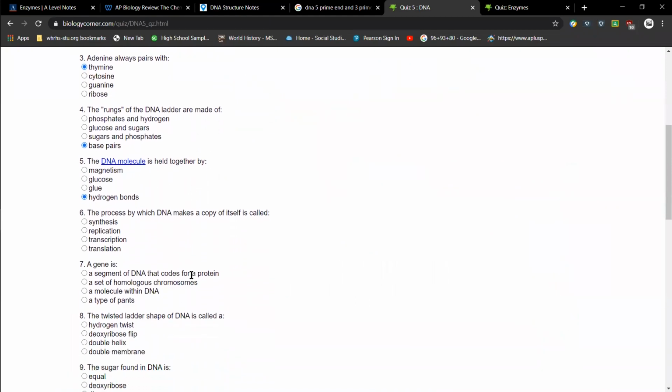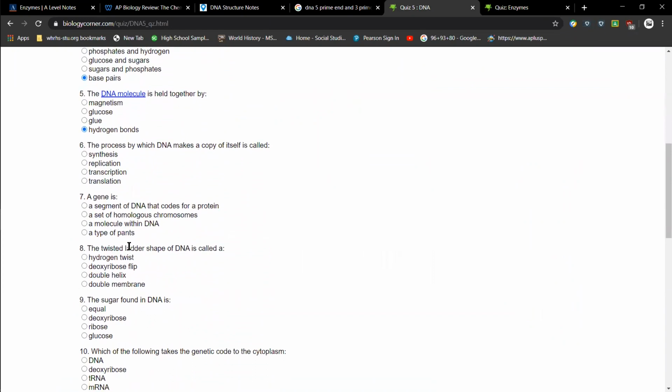6 we didn't do, 7 we didn't do. So 8, the twisted ladder shape of DNA is called a... Again, good job.